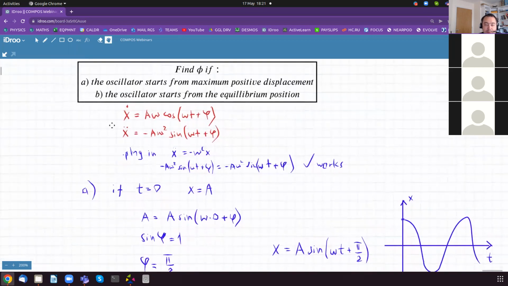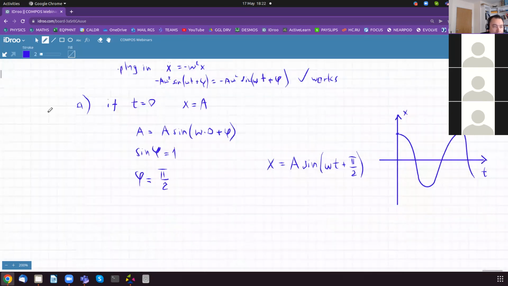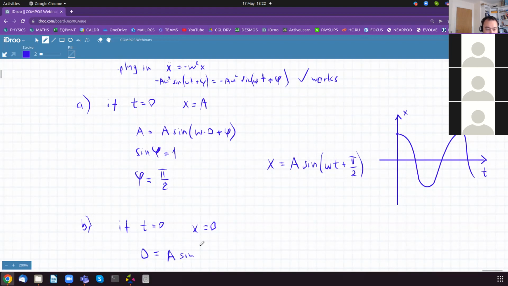The oscillator starts from the equilibrium position in B. That means that if t is 0, displacement is 0. And of course, so 0 equals a multiplied by sine omega times 0 plus phi.